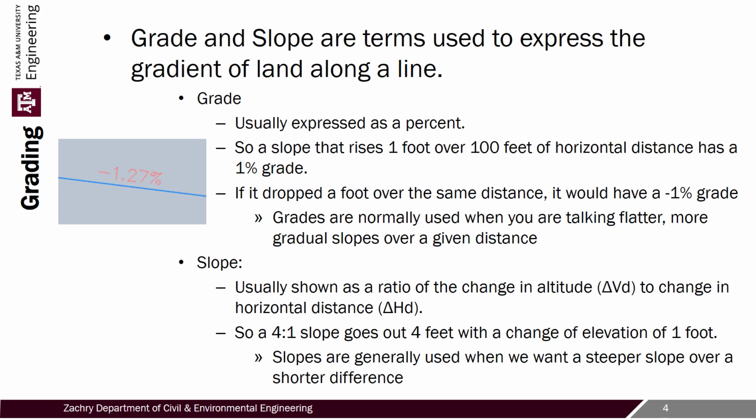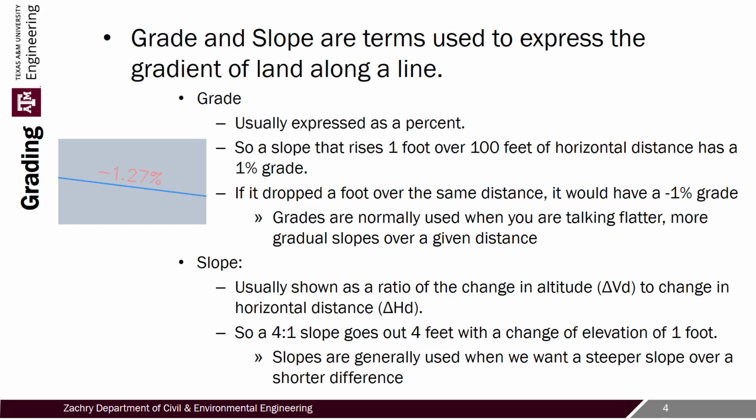Now, with that in mind, grade is normally how we express a slope, especially a more gradual slope. For example, you'll see something like this, a negative 1.27% slope. What that means is over 100 feet, the ground is falling away, going down 1.27 feet. So it's a much more gradual slope.